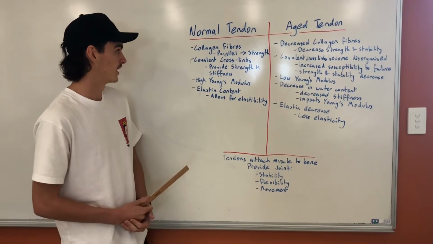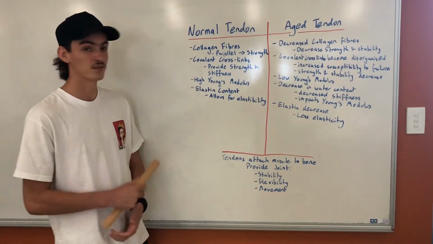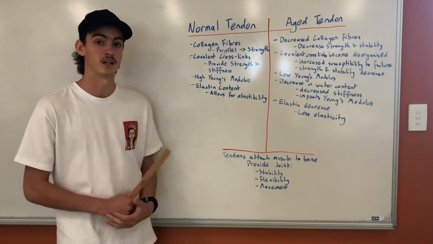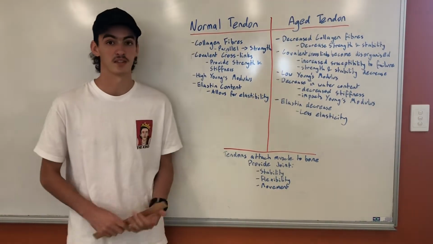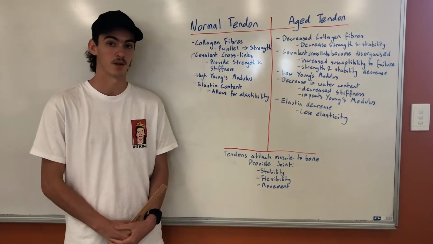Moving on, our normal tendons are known to have a high Young's modulus, which we will explain further once we get to our aged tendon and in our graphs around stress and strain.